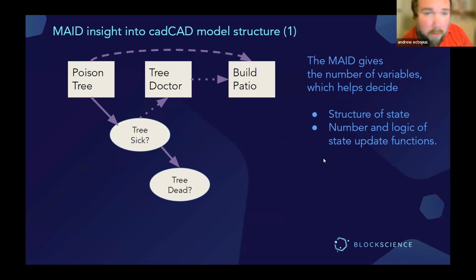So in theory, it would be possible for a well-trained non-programmer to outline the cadCAD structure from the MAID without needing to implement the component parts in code themselves, which might be useful as an efficiency step or a structure step.